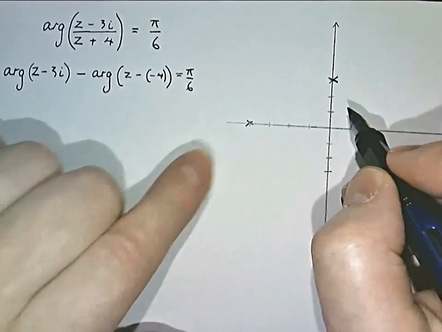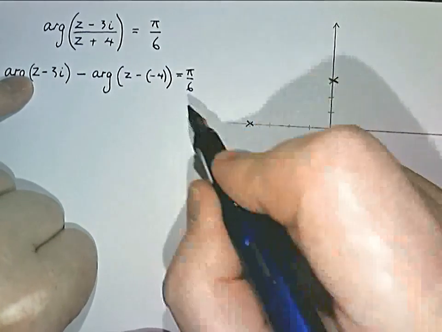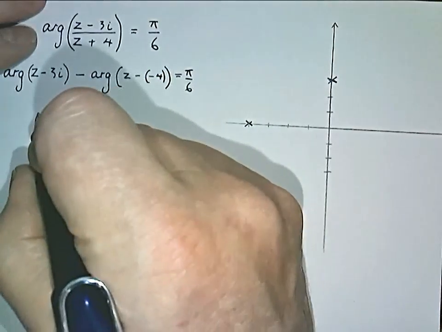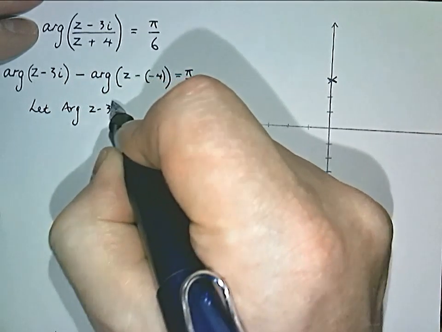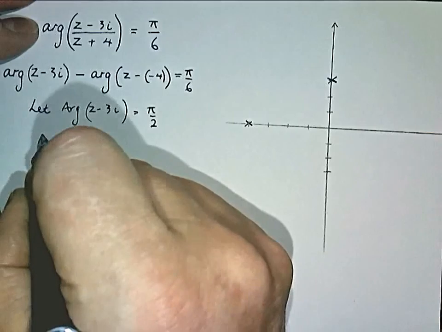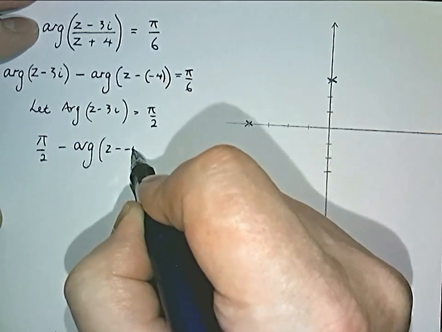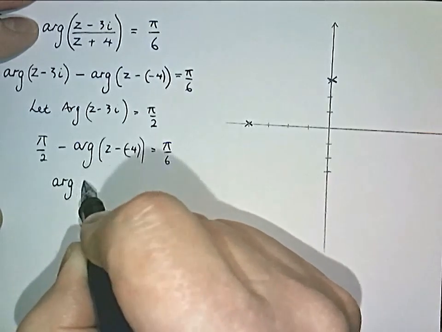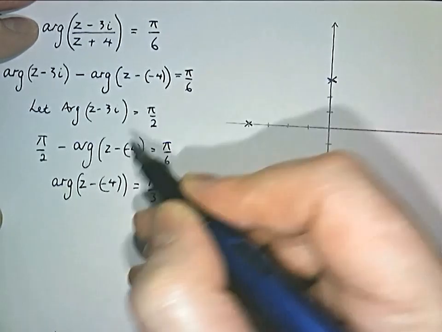However, if we take an angle greater than pi over 6, and a very suitable one is pi over 2 for the argument of z minus 3i, so let arg of (z minus 3i) equal pi over 2, we have a very simple sum: pi over 2 minus arg (z minus 4) equals pi over 6, and that argument of z minus 4 turns out to be pi over 3 by a simple subtraction.